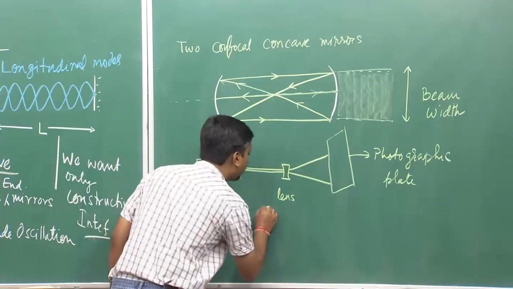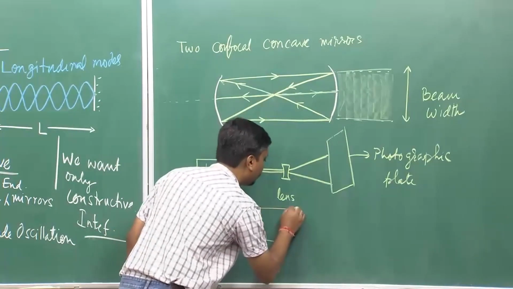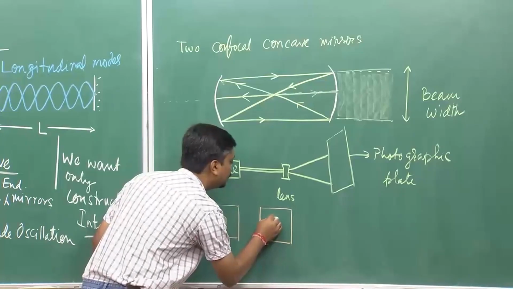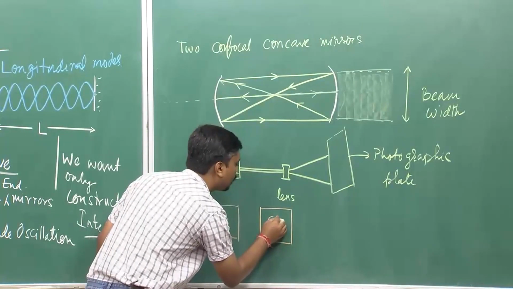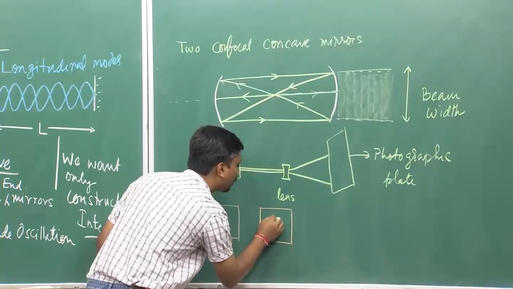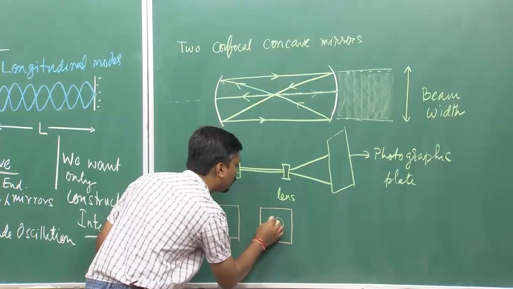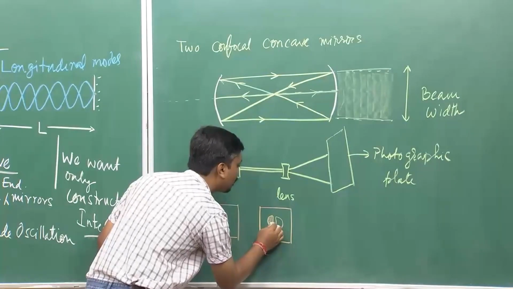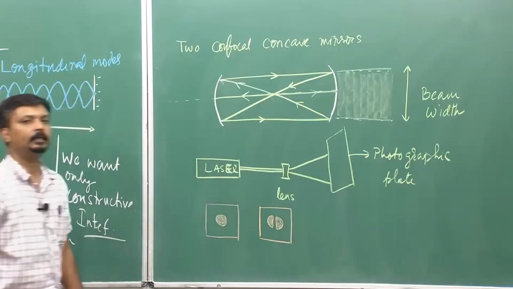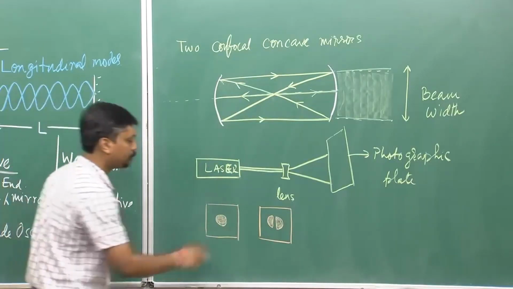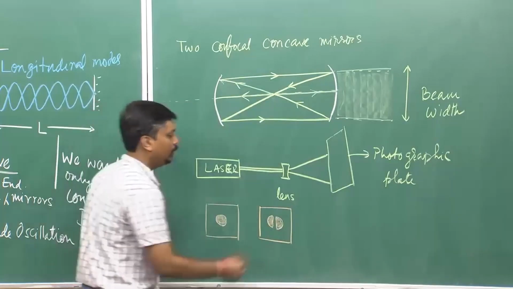It can be something like this. So, it essentially has two lobes in this fashion.